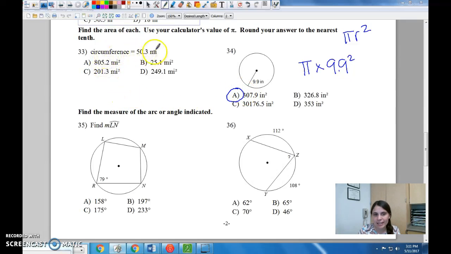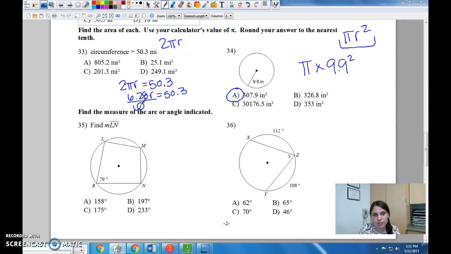Now, number 33 gives me the circumference. If you look at your formula for area, it doesn't have a spot for circumference, it has a spot for radius. But like we just did on the ones above, I know that the circumference is equal to 2 pi r. So 2 pi r equals 50.3. So 2 times pi is about 6.28 times r equals 50.3.